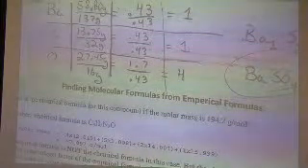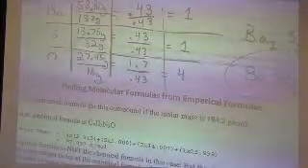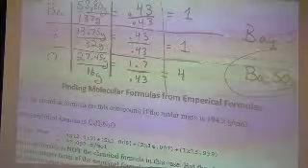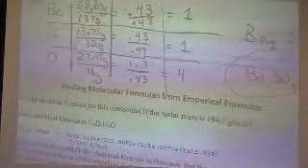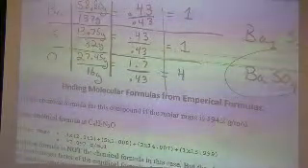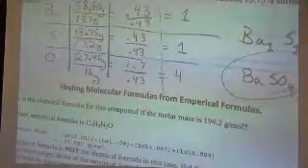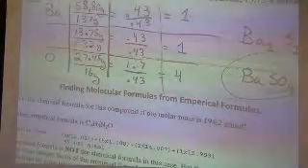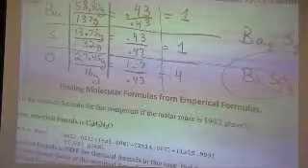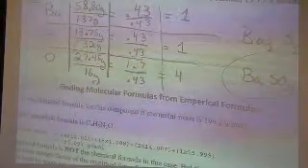I just won't use your name to protect your anonymity. Yes, ma'am. Is that a 3 or an 8 next to a 5? This is an 8. 58.8. Anybody else have a question? I won't say your name.